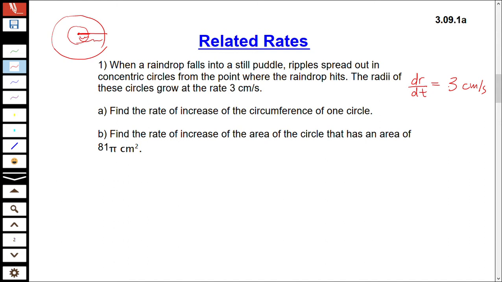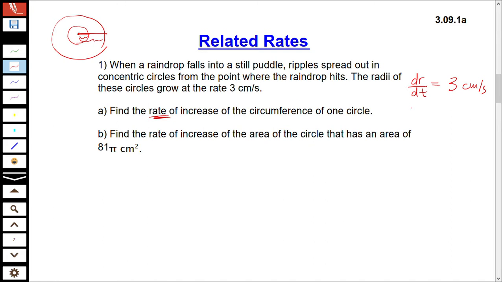And A says find the rate of increase of the circumference of the circle. So again, it's asking you to find the rate, but the question tells us how fast the radius is increasing, but this time we want to know how fast the circumference is growing. So not this measurement, but this measurement, the length of the outside of the circle.